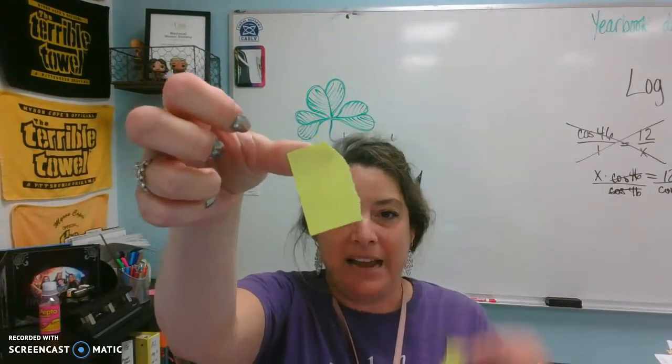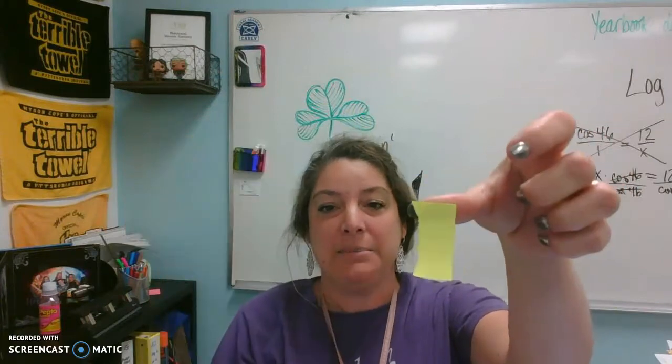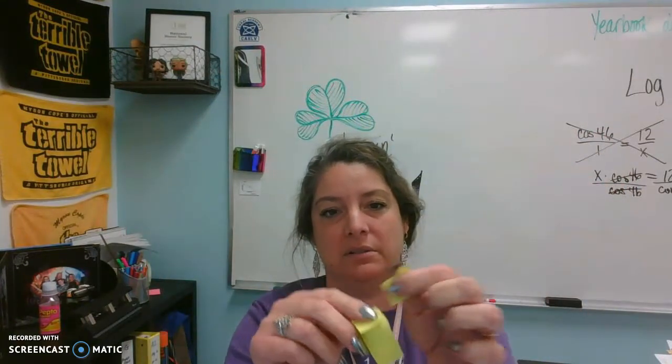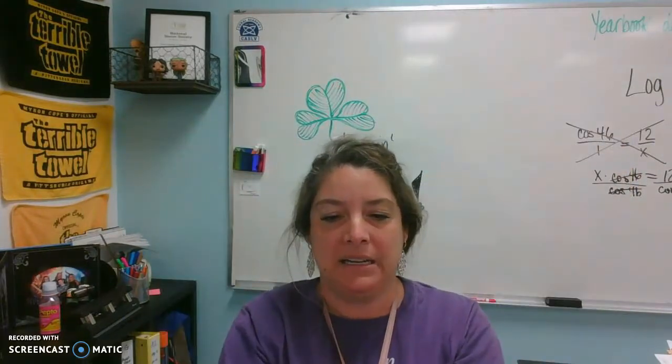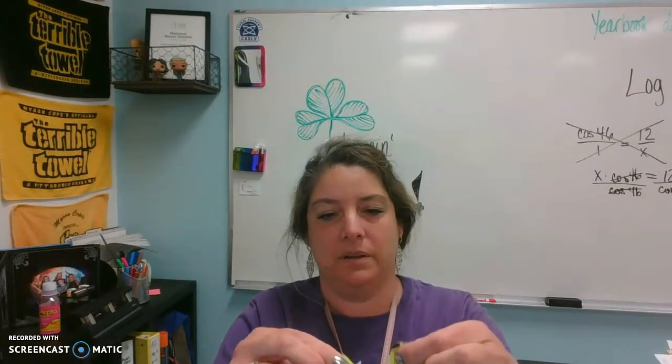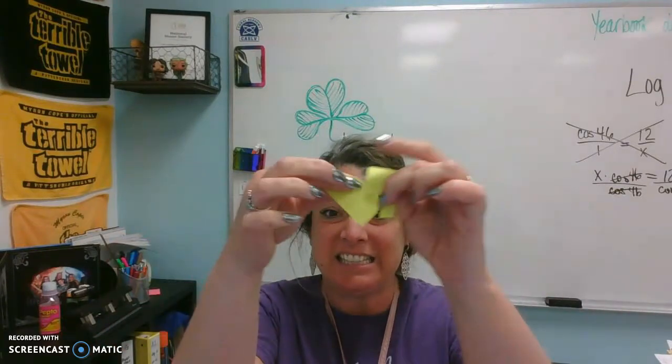So I'm going to take my half. It's really not half, but close enough. You get the idea. So I'm going to take this half, okay, and I'm going to add to it a fourth. So I'm going to add this piece to it, okay? And then I'm going to add an eighth. So I'm going to add this little piece to it. I can get them in my fingers, right. And then I'm going to add a 16th, okay?